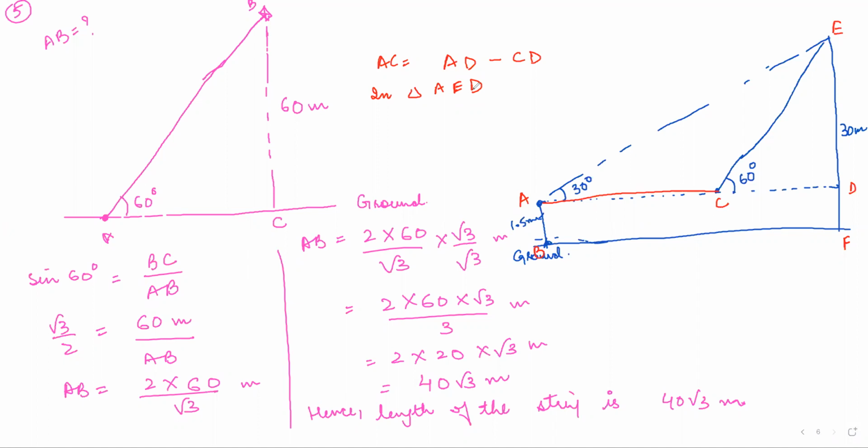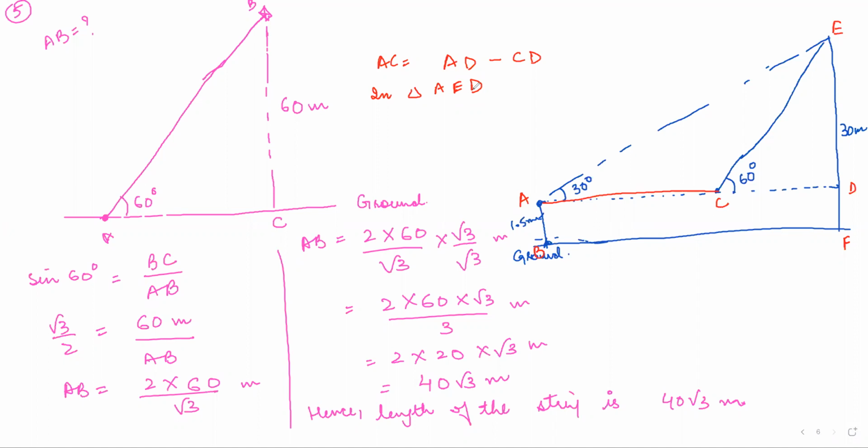If I'm taking triangle AED, I want to use this 30 degree angle in some trigonometric ratio, and I want to find base AD. So how much is the length of my perpendicular? 30 meters. All three are wrong.